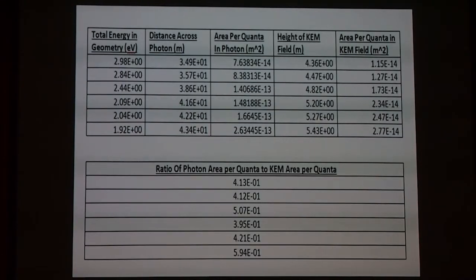So if we actually calculate how big a photon is, where this is the length across the diamond geometry, we can see that even for very small energies, it is huge. So this is 43 meters across for visible red. Kind of just sit and think about that for a second.